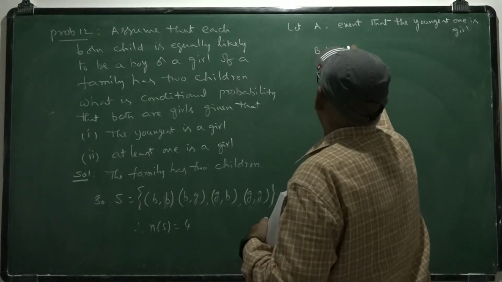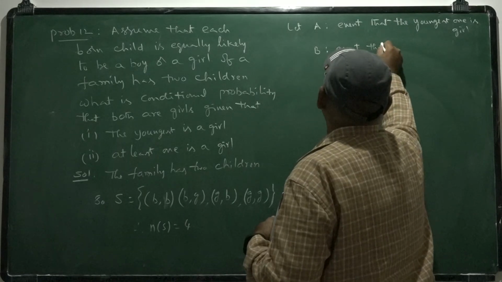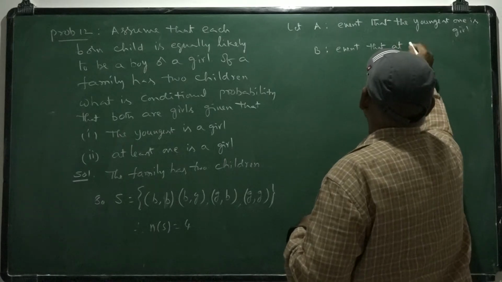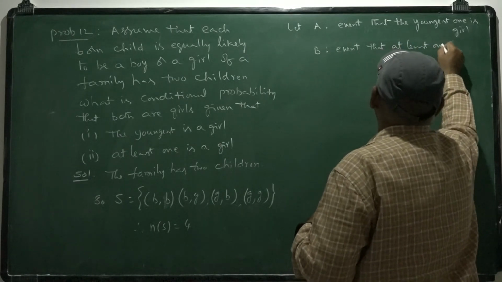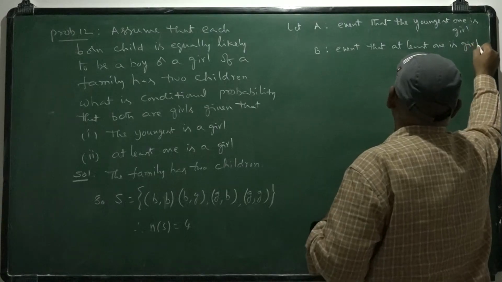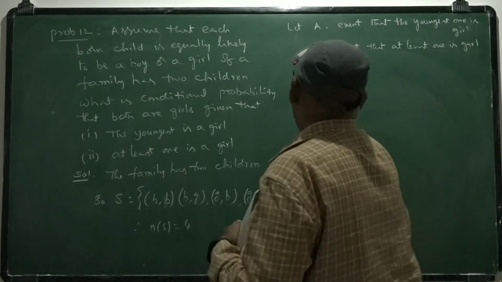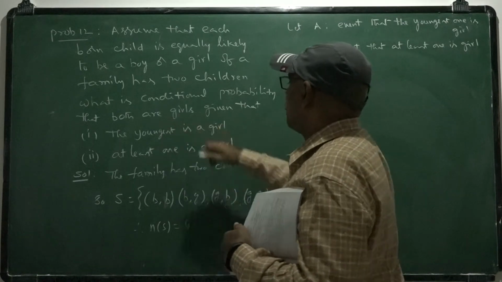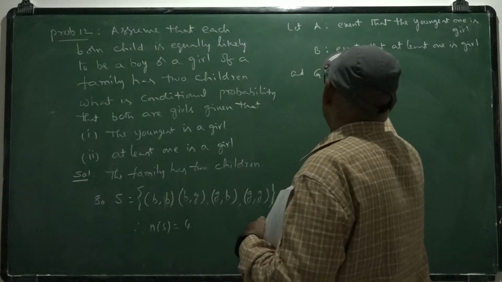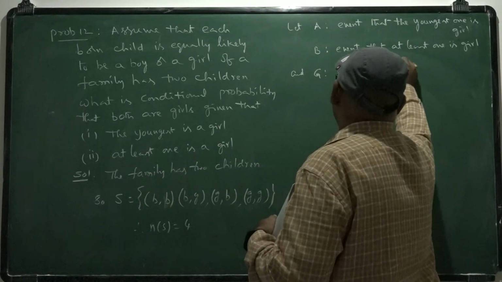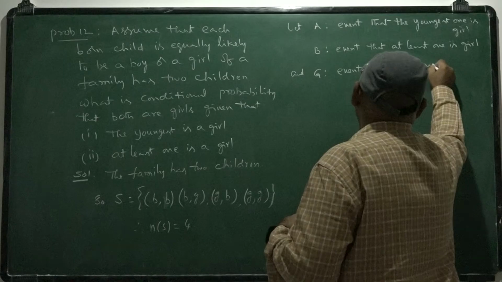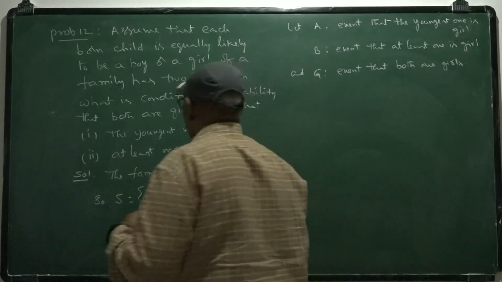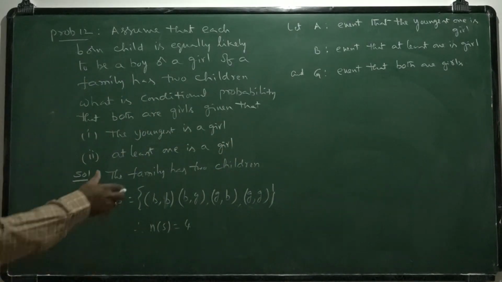And B stands for the event that at least one is girl. And G stands for the event that both are girls. So these are the different events of this experiment.